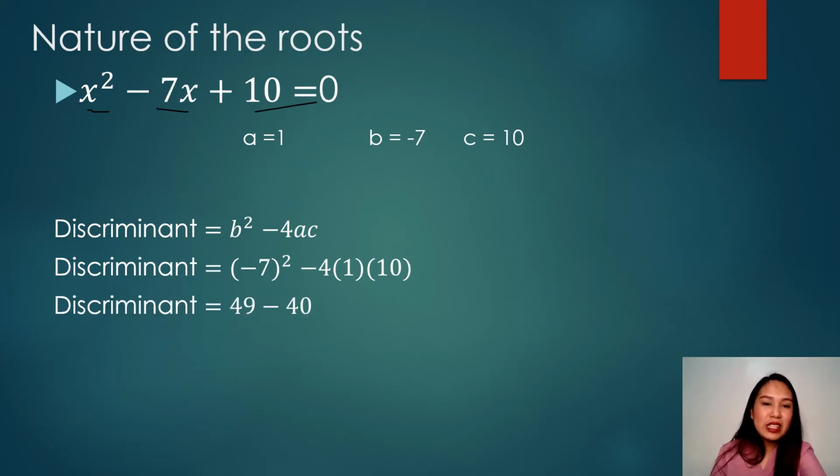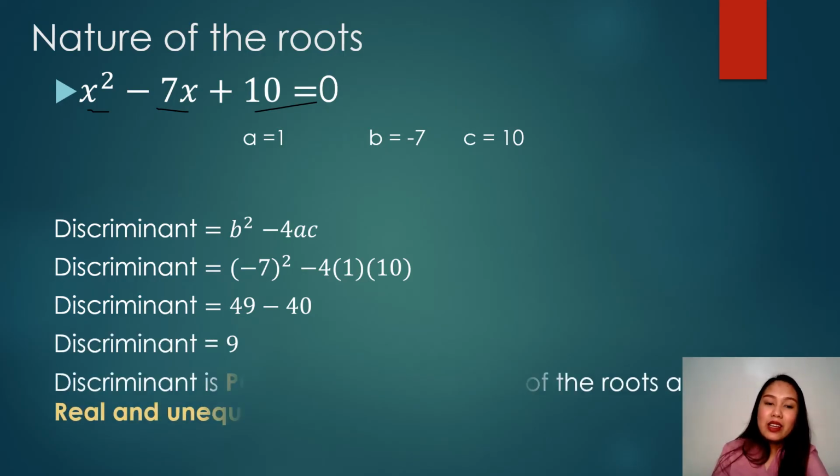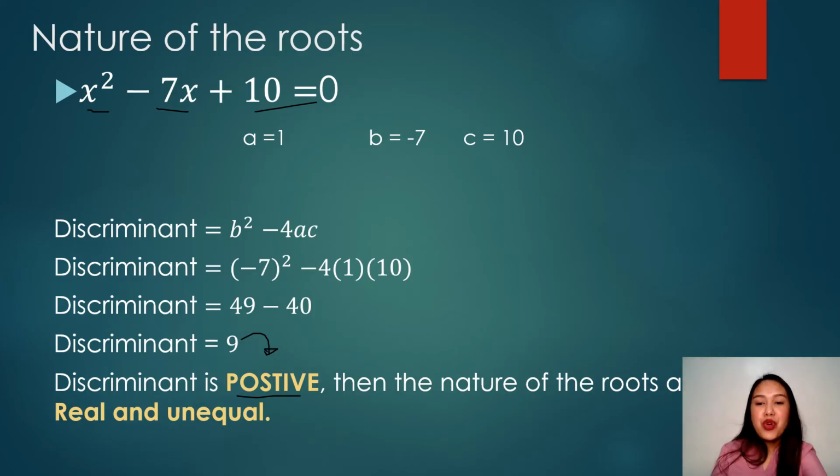Simplifying, negative 7 squared is negative 7 times negative 7, that's 49, and 4 times 1 times 10 gives you 40. So 49 minus 40 is equal to 9. Now, 9 here is a positive number. Therefore, the nature of the roots is real and unequal.